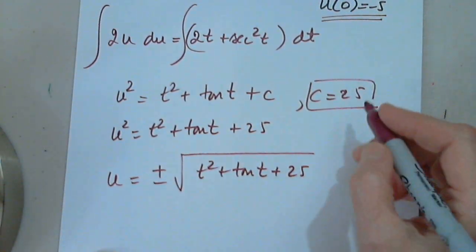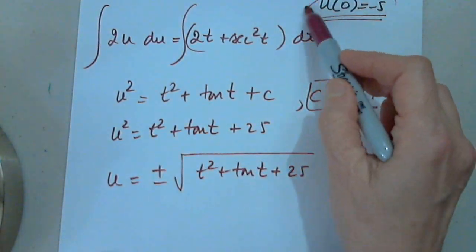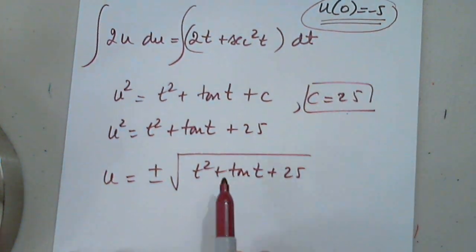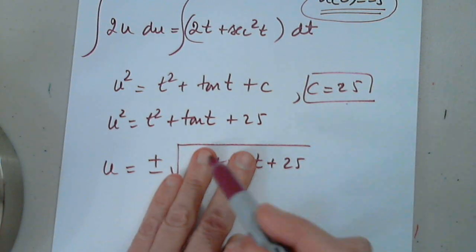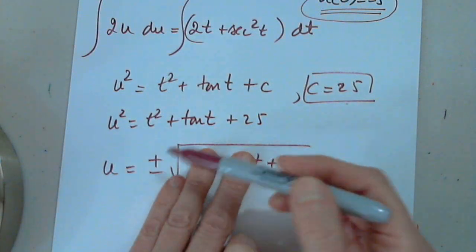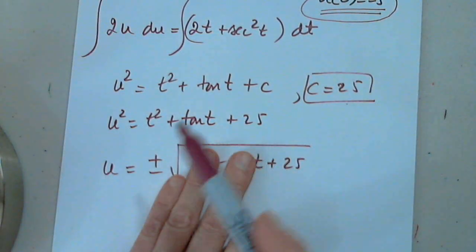Wait a second, because we are told that u of 0 is negative 5, let's make sure. 0, 0, the square root of 25 is not, it's plus or minus, but the left hand side is negative 5.